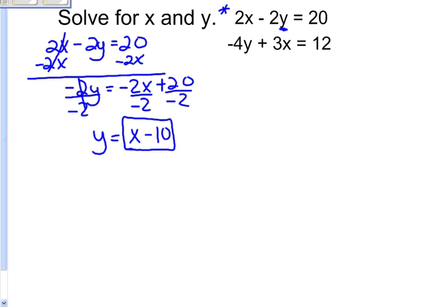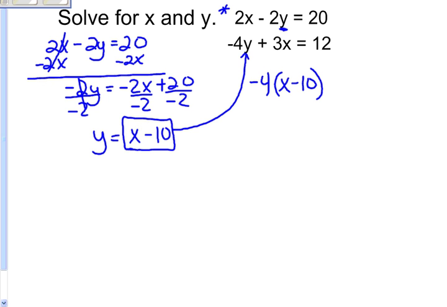And I can now substitute this x minus 10 in for a y in the next equation. So I've got my next equation right over here, and I'm going to substitute that x minus 10 in for the y. So I'm going to go -4 parentheses and then x minus 10.